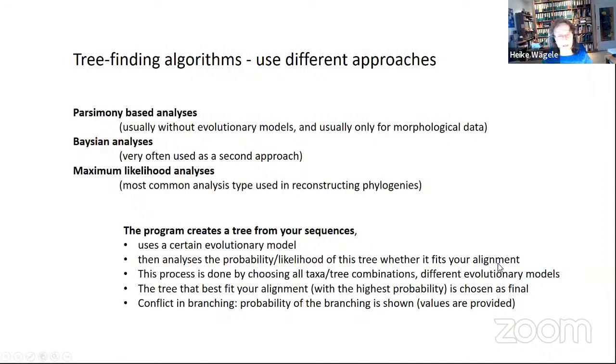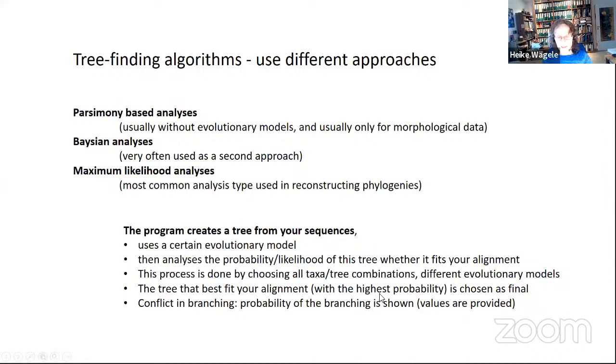So there might be a lot of trees that fit your alignment, especially when you do not have a lot of information in your alignment. This process is done by choosing all taxa and tree combinations in different evolutionary models too. And the tree that best fits your alignment with the highest probability is chosen as final.